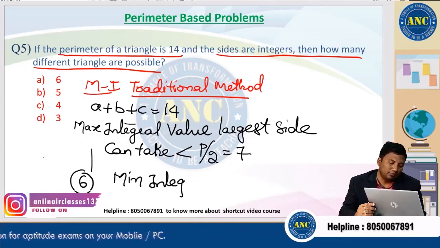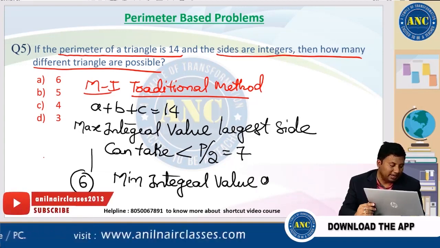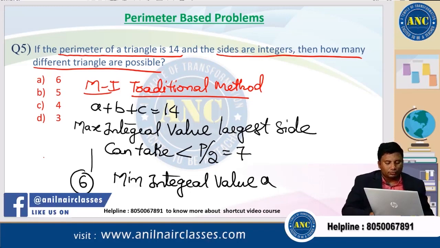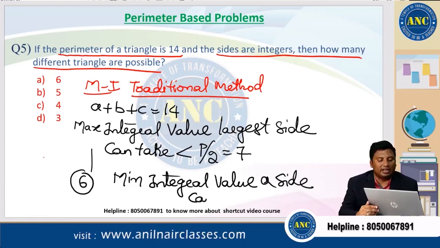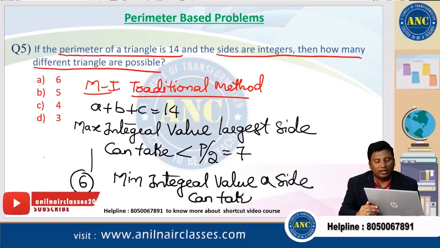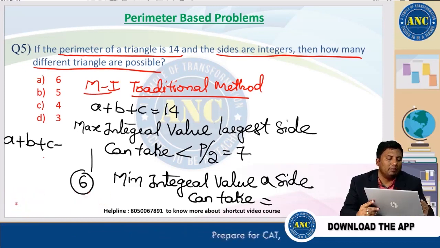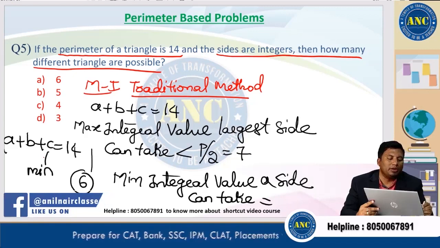Minimum integral value a side can take. How to determine the minimum integral value? A plus b plus c is 14. For me to get the minimum, the remaining 2 should be maximum.